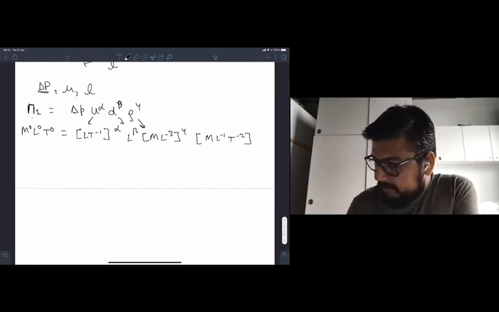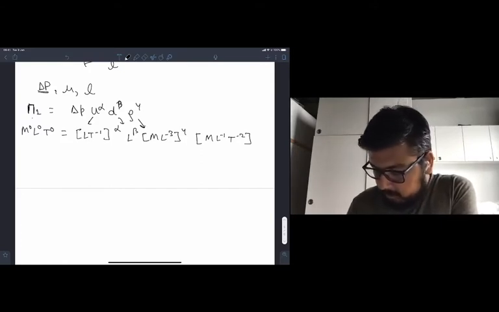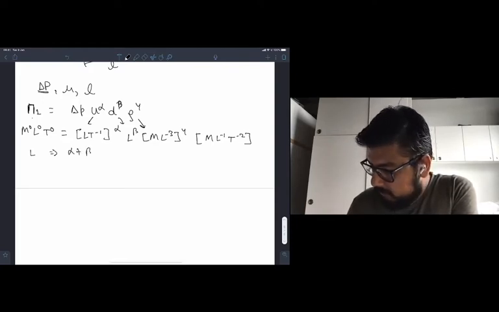So now I can equate the dimensions on both sides of these equations. For L, I will get alpha plus beta minus 3 gamma minus 1 equals 0. For mass, I will get 0 equal to gamma plus 1.